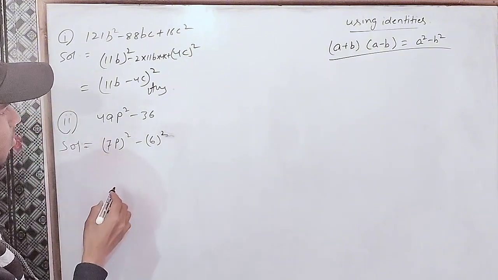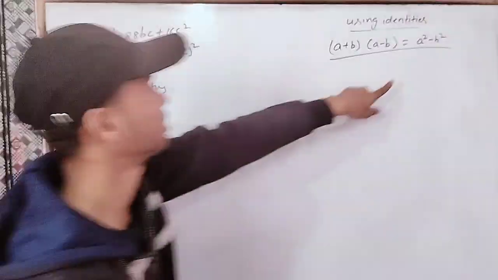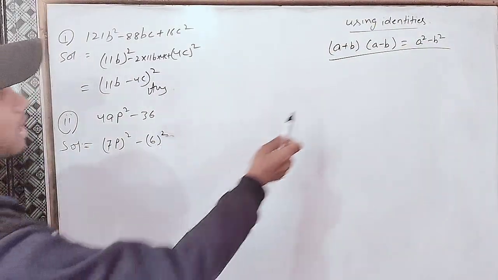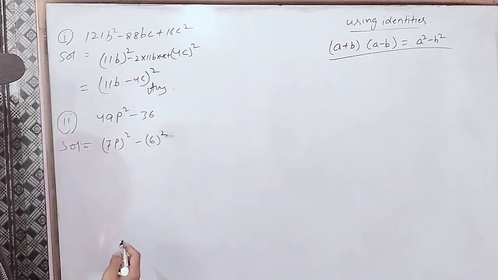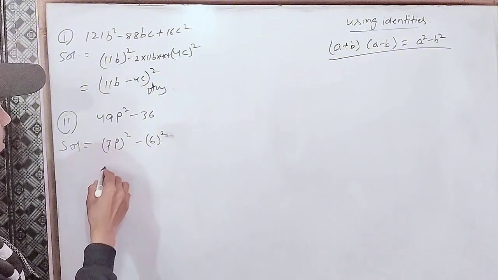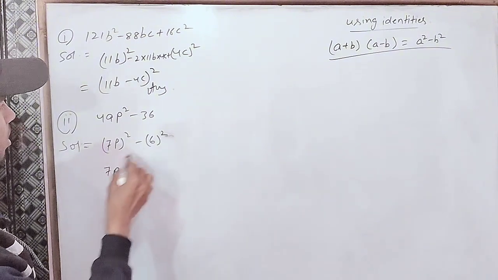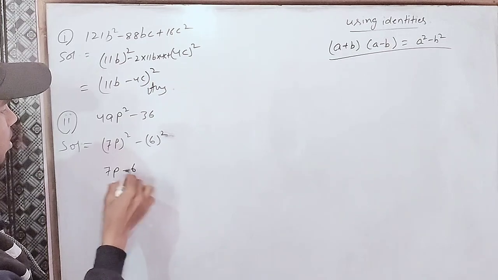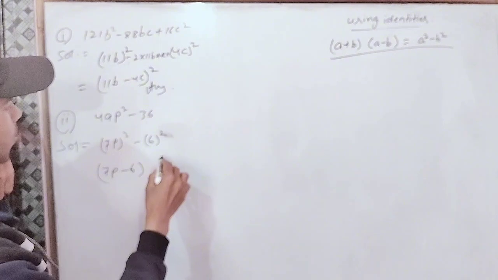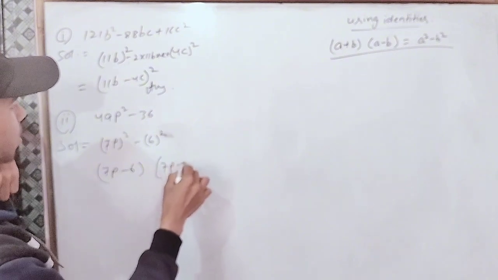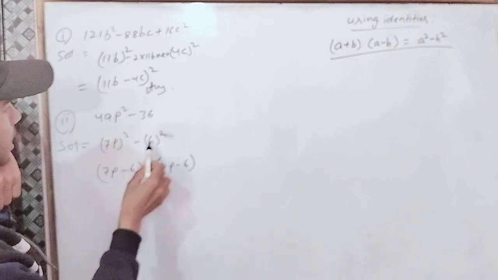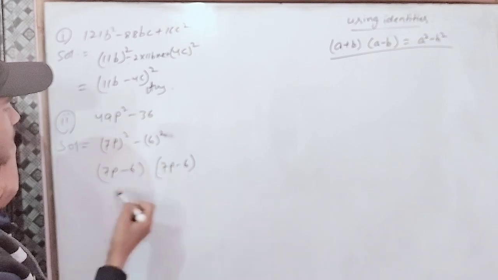Clear? Here we have this equation. Now, can it be written as it? Yeah. How many times? 2 times. This is 2 times 7a and this is 2 times 6.